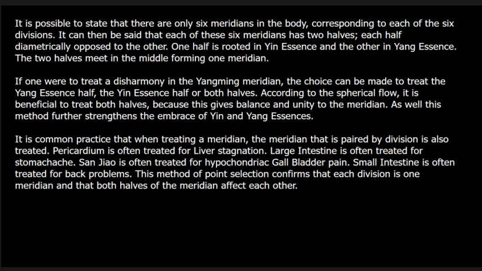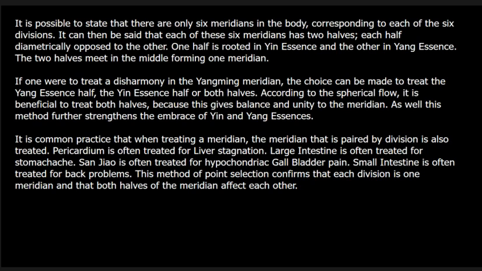If one were to treat a disharmony in a yang-ming meridian, the choice can be made to treat the yang essence half, the yin essence half, or both halves. According to the spherical flow, it is beneficial to treat both halves, because this gives balance and unity to the meridian. As well, this method further strengthens the embrace of yin and yang essences.